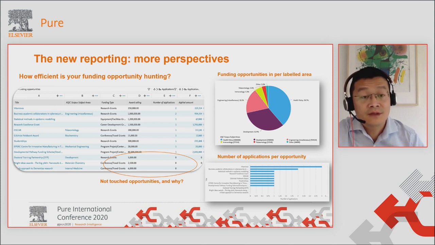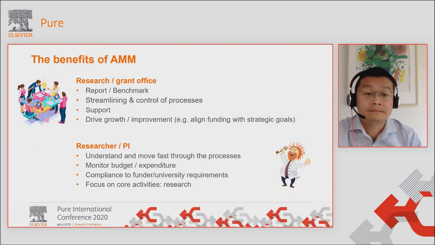So what can be reported and analyzed depends on the quality and the quantity of your information. The award management module provides the foundations, and we can help you with the configuration and integration. So the award management can help the research office to do reporting and benchmarking.